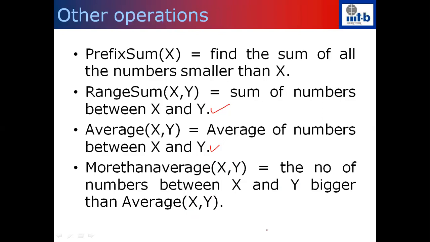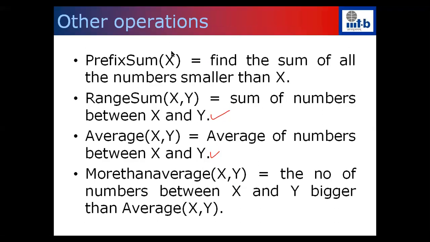So this can be found by finding the rank of y and finding the rank of the average of these two numbers. The answer will be the rank of y minus the rank of the average of x and y. That will give you the number of numbers between x and y which are bigger than the average.